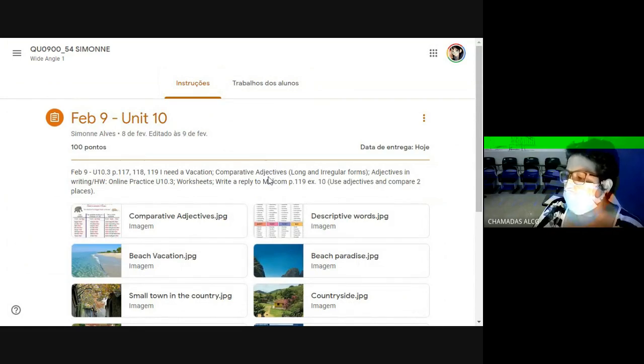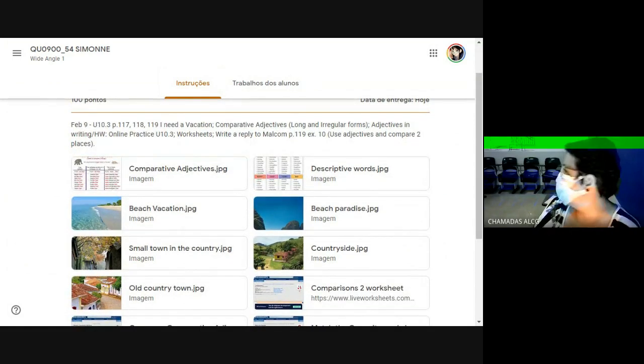Good. So last week we did Unit 10, Part 3. And we talked about I need a vacation, comparative adjectives, long and irregular forms, adjectives in writing, and the homework was online practice Unit 10.3, some worksheets, and I asked you to write a reply to Malcolm on page 119, exercise number 10.